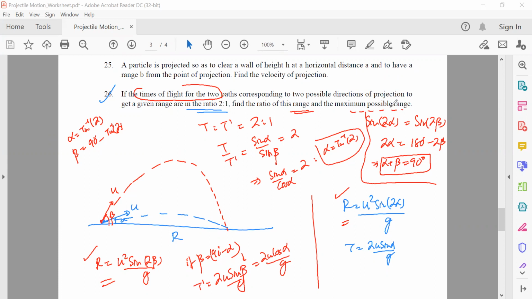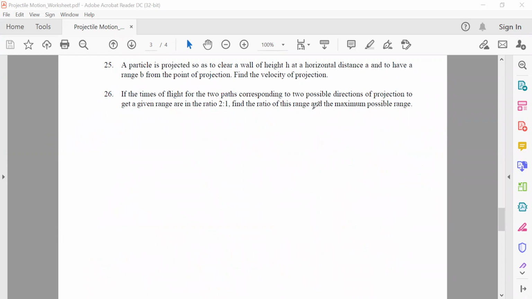Okay, so this particular range is u square sine 2 alpha divided by g. Now see, again we know that alpha is tan inverse of 2, okay, or tan alpha is equal to 2.